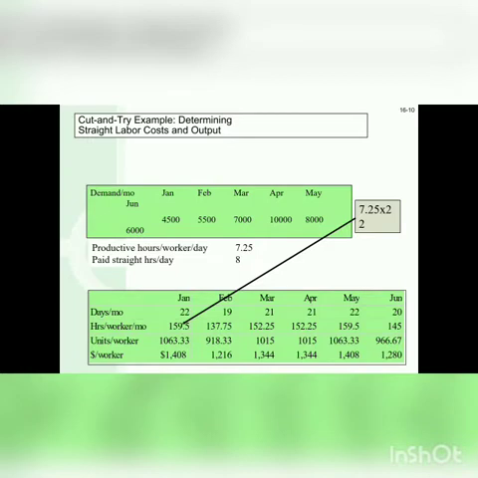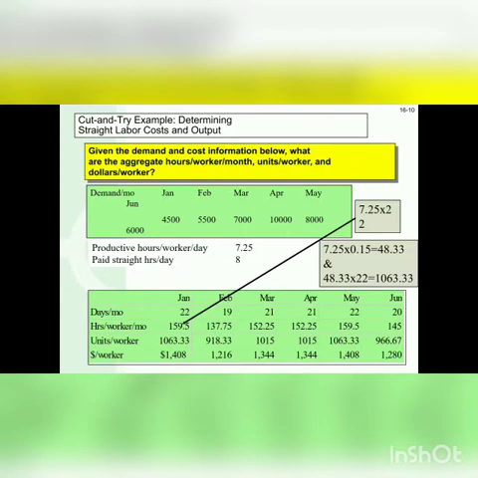Now units per worker, how many units per worker will we require? Given the demand and cost information below, what are the aggregate hours, that's what we are trying to calculate.